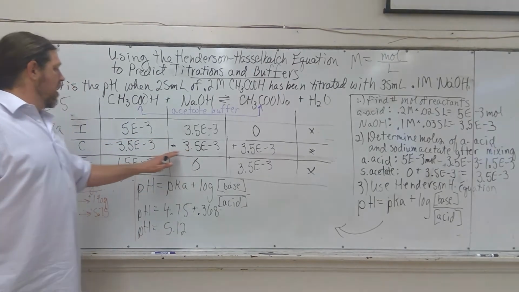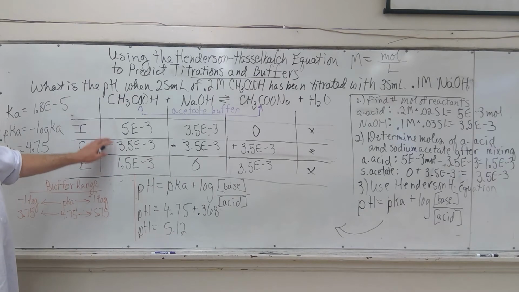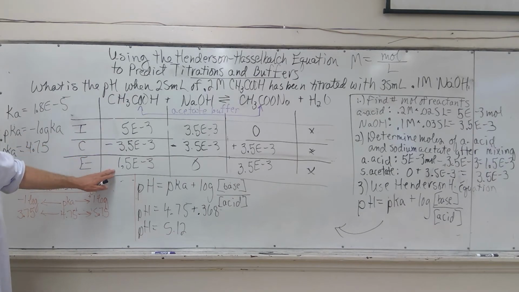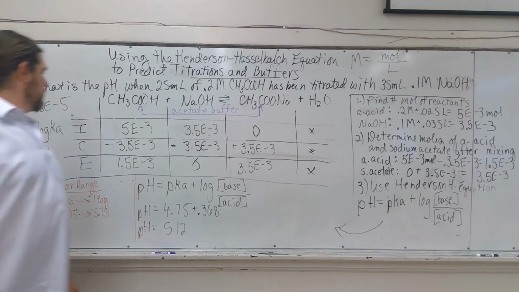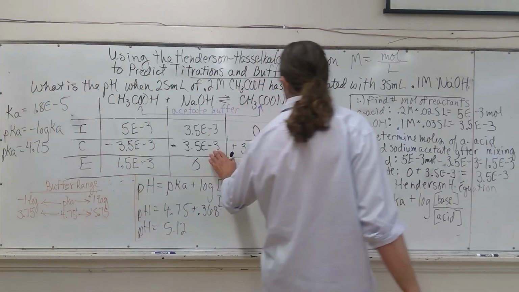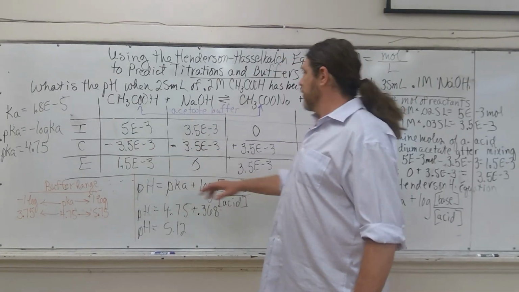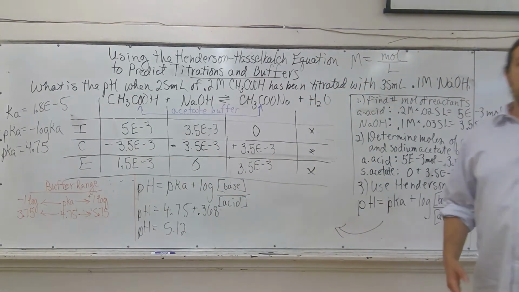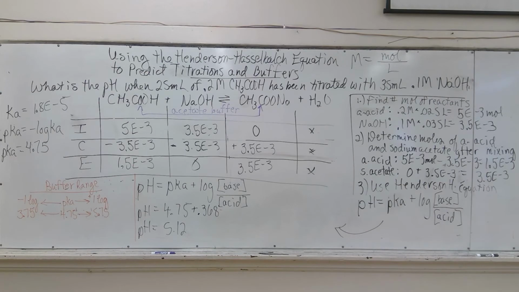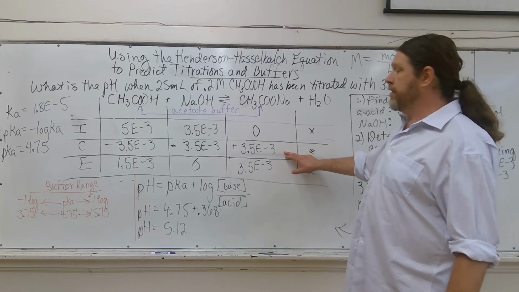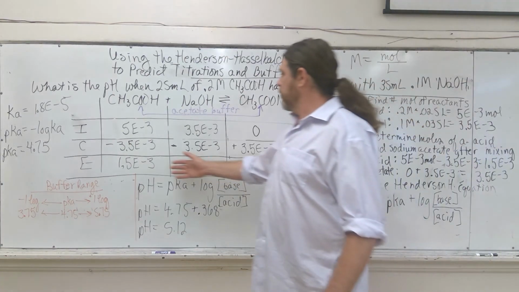And the amount that was lost will also reflect in the amount of our acid that was lost, giving us a remaining 1.5 times 10 to the negative 3 moles or 1.5 millimoles. Conversely, the amount of base that has been lost and thus also the acid loss, that's the amount of our other side of the acetate buffering system, our sodium acetate, has been produced. So here we are in equilibrium.